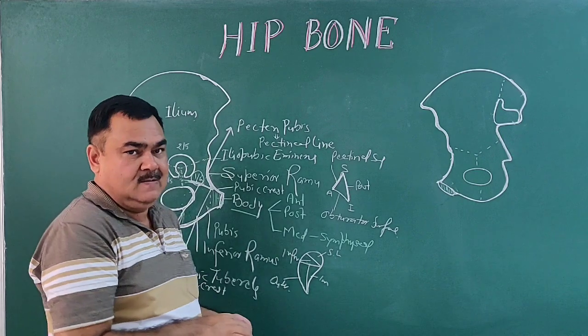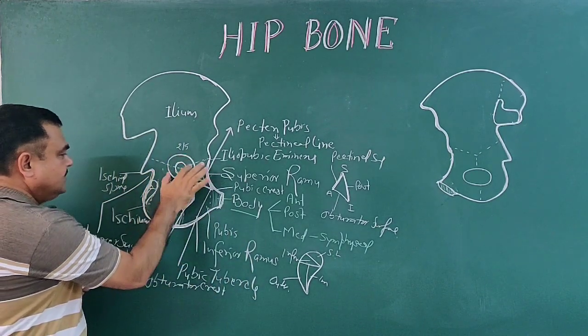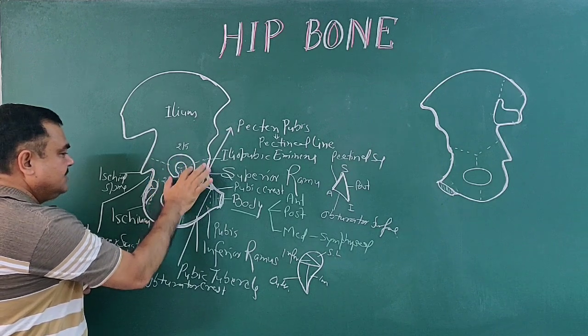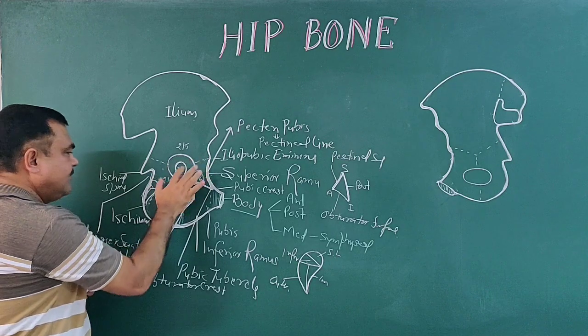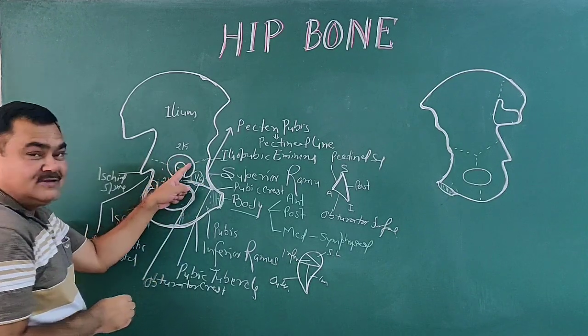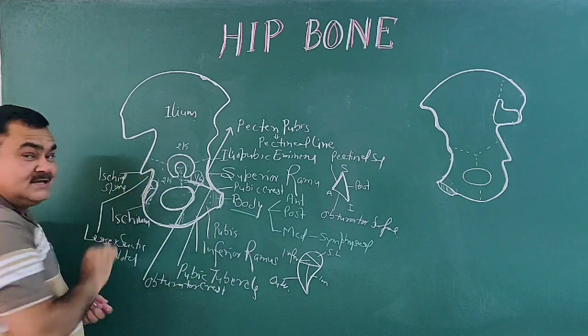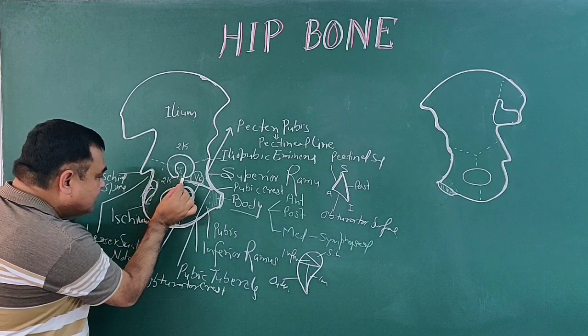Now, the acetabulum. This part is the acetabulum. It has a horseshoe-shaped articular surface, which is covered by hyaline cartilage, and inferiorly there is a notch.